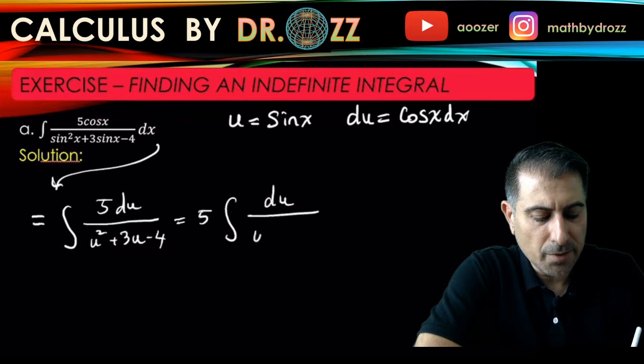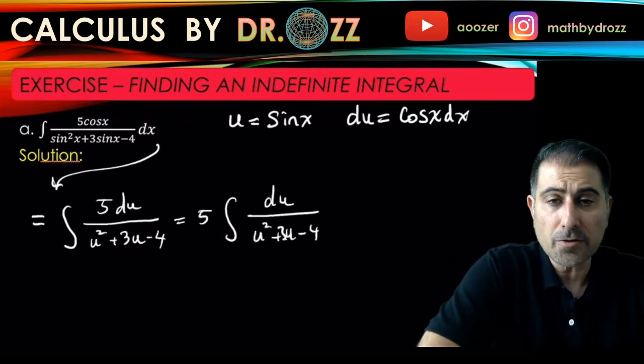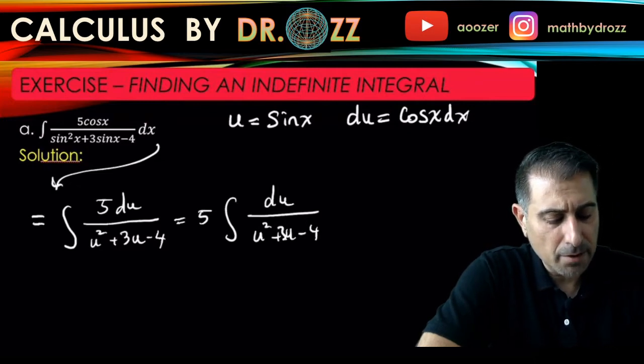And we're familiar with this type of integral, and this is something that we can apply partial fractions for. All we need to do is to factor the bottom out.